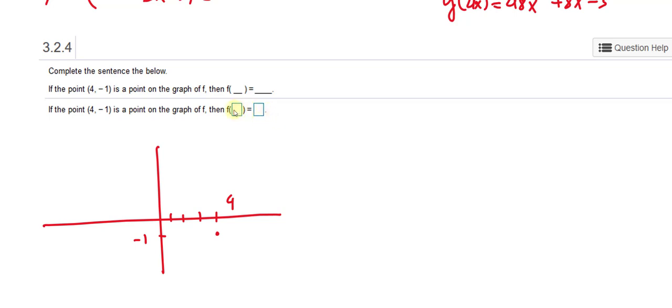So it's telling you that when your x is 4, f of 4, this is the function f of x, when f of 4, you get the value of y, which is minus 1. So basically, you just translate the given point into the function notation.